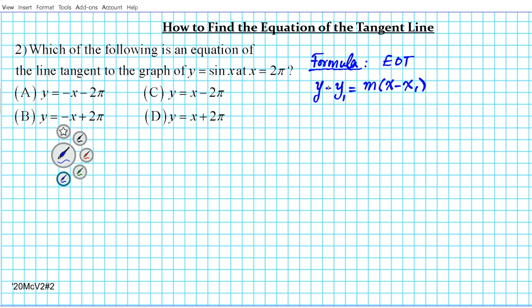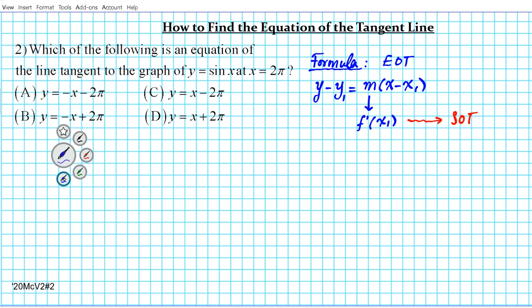But the calculus component involves the fact that you need a slope using only one point. The only way you can find a slope with a point, you need calculus. So the m component is your slope, and that's going to be f prime evaluated at x1. Ladies and gentlemen, the derivative at a point is known as your SOT, the slope of the tangent line.